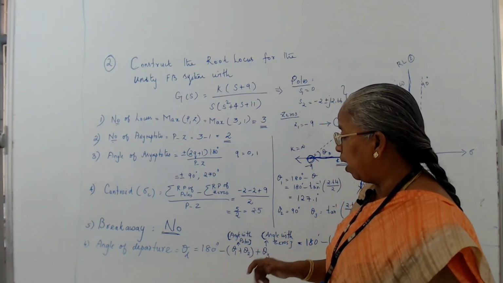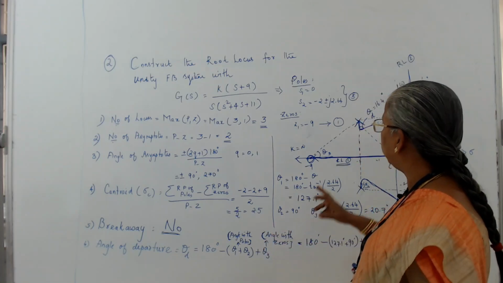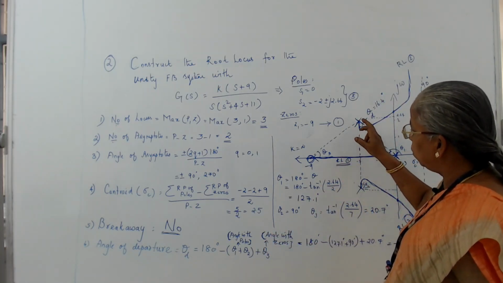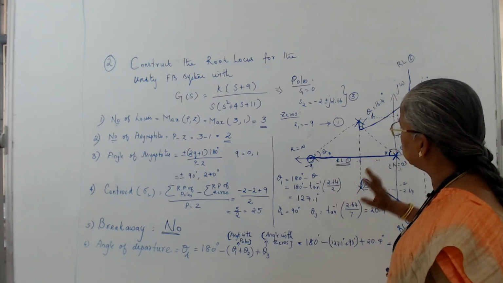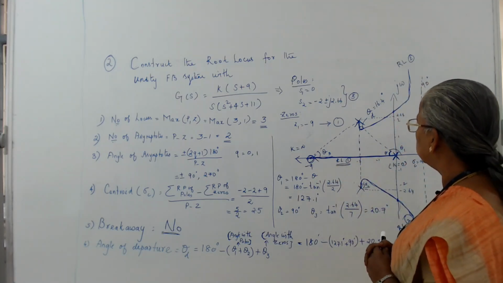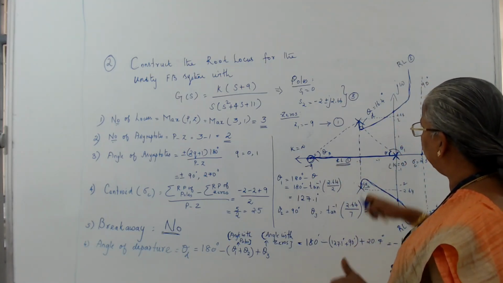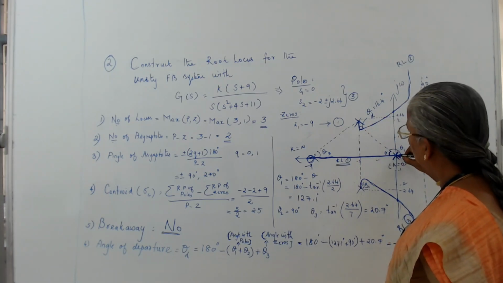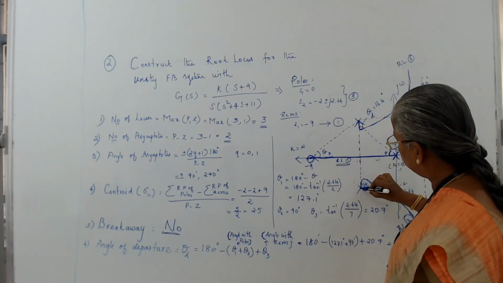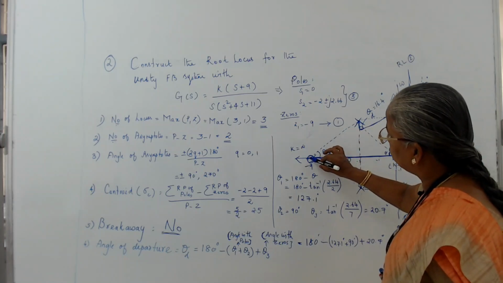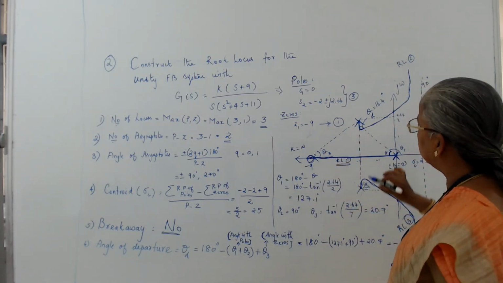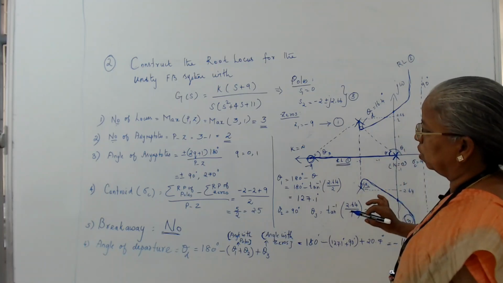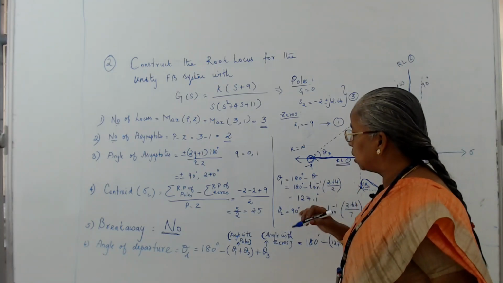I want to calculate the departure from this pole, so I need to connect this pole with all other poles and zeros, and then calculate the respective angles.